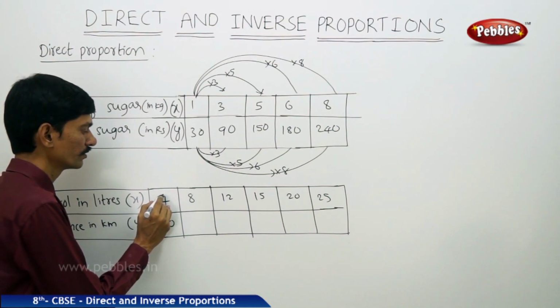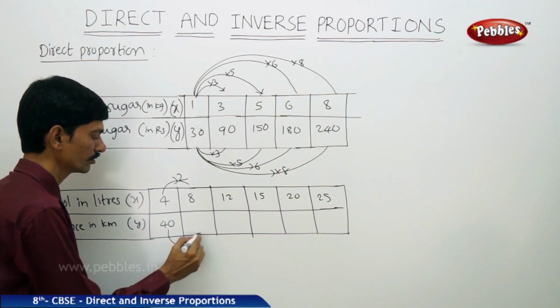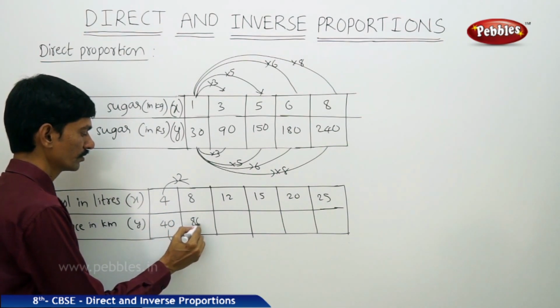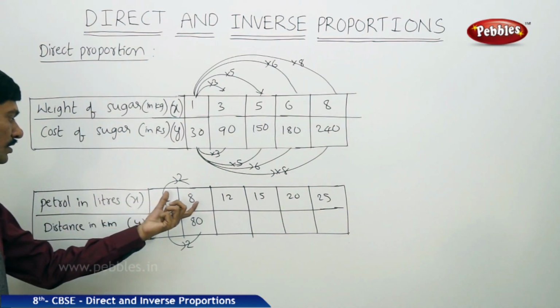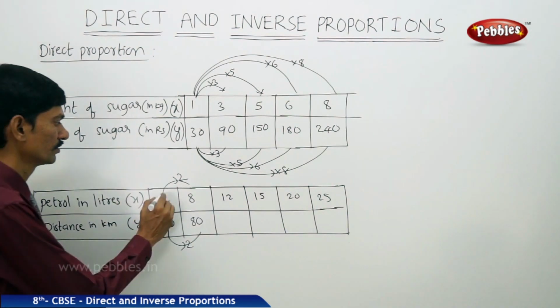We multiplied 4 by 2. Then here also 40 is multiplied by 2. Then we get 80. So if the petrol used is 8 liters, then it covers 80 kilometers of distance.